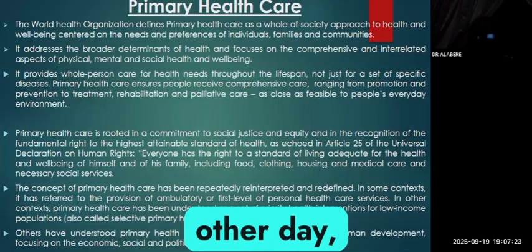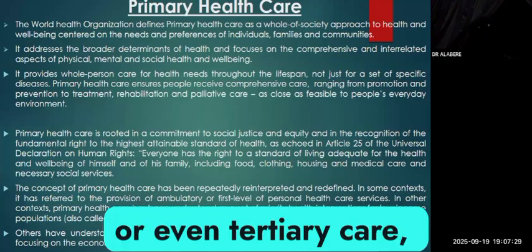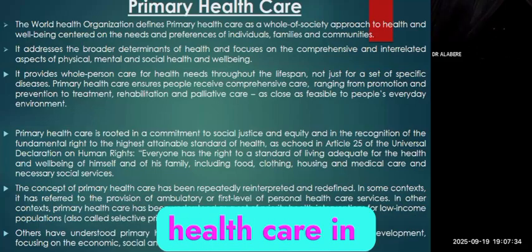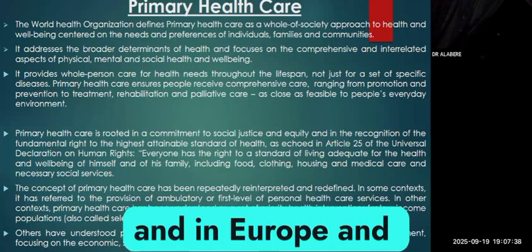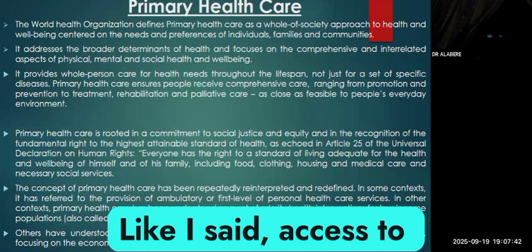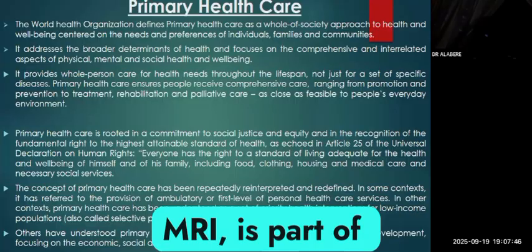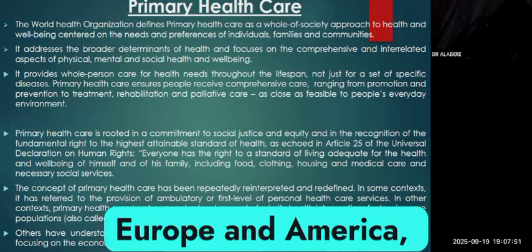But like I said the other day, what we consider secondary care in Nigeria or even tertiary care might be primary health care in advanced countries like in Europe and America. Because like I said, access to CT scan and MRI is part of primary care in Europe and America.